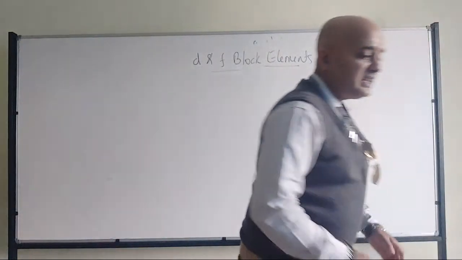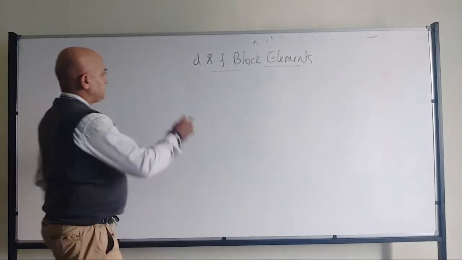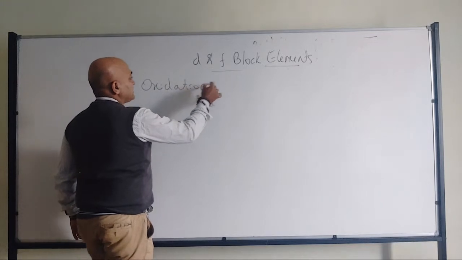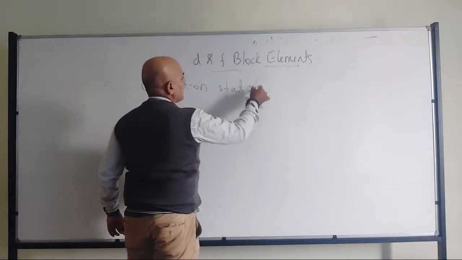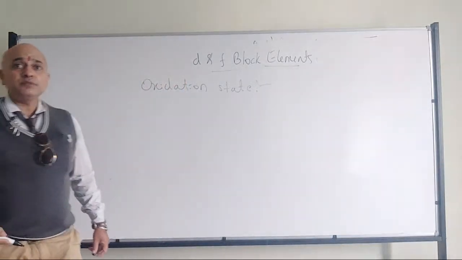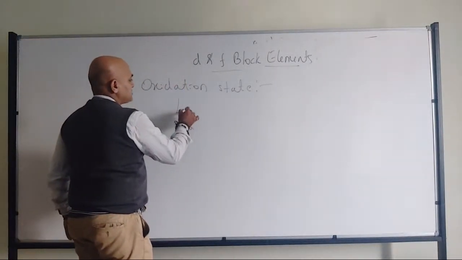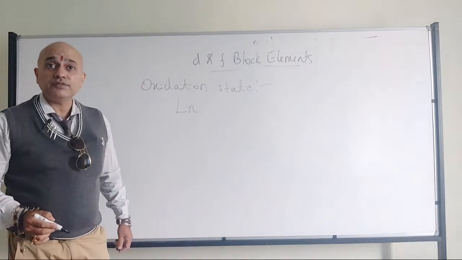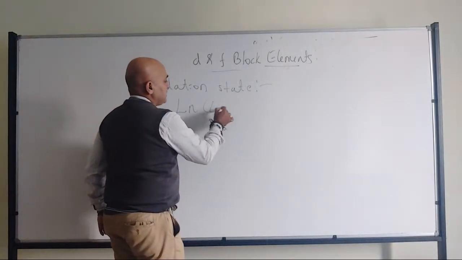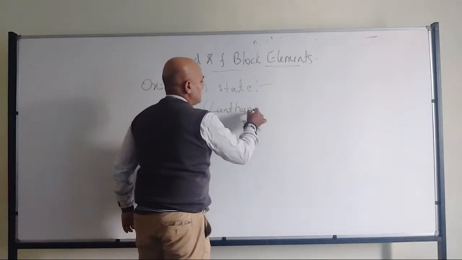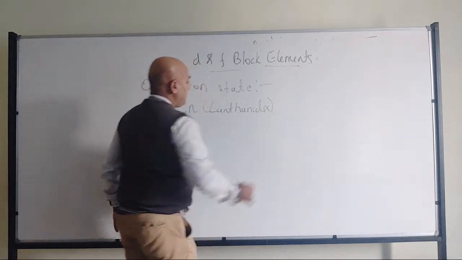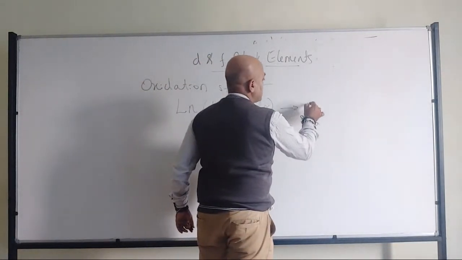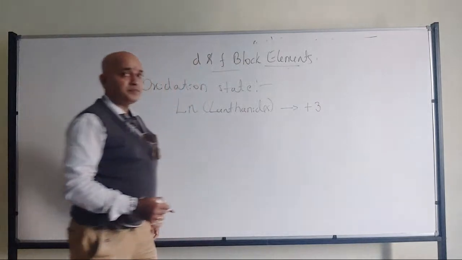Okay, so next one is oxidation state. Now, when it comes to lanthanoids, I told you Ln can be the representation for the lanthanoids. When we are talking about lanthanides, the common oxidation state will be +3.